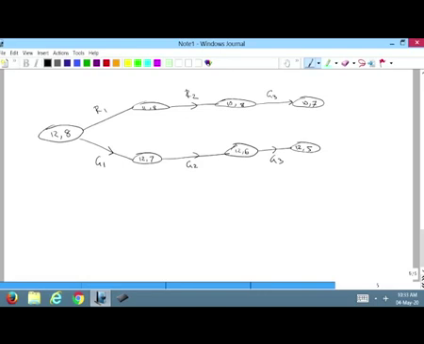So, what are the probabilities? This probability is 12 upon 20, drawing a red ball, again drawing a red ball, that probability is 11 upon 19, and now drawing a green ball, that probability is 8 upon 18.